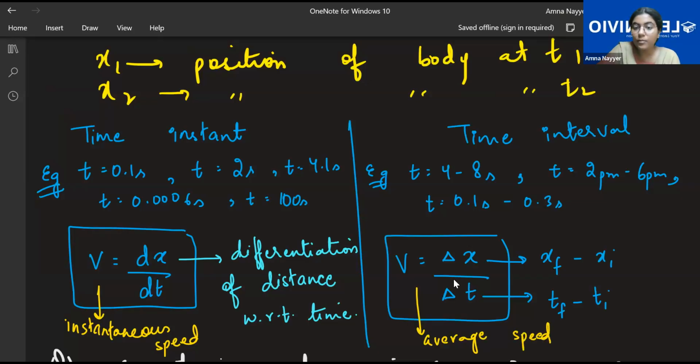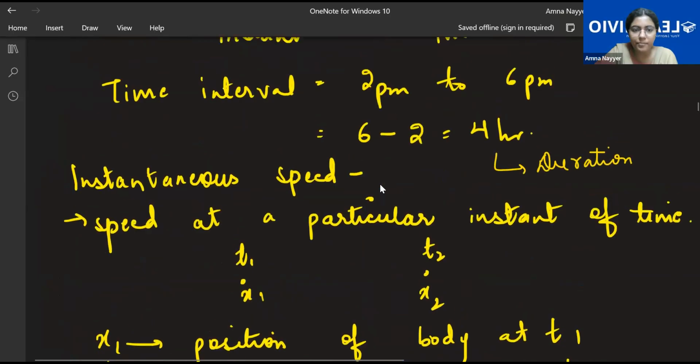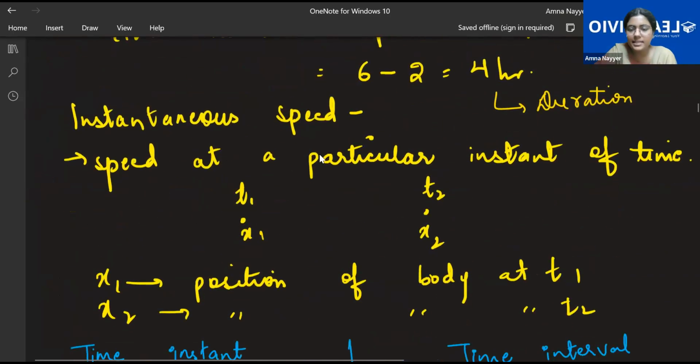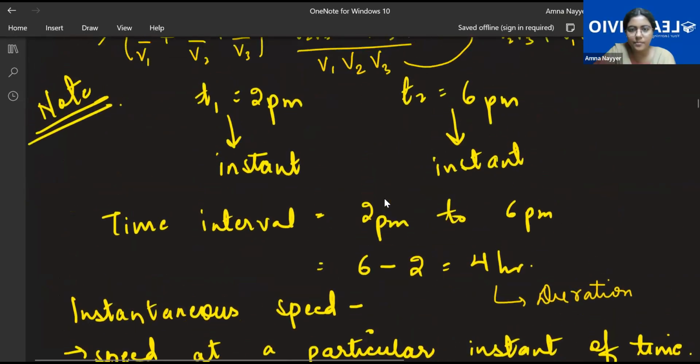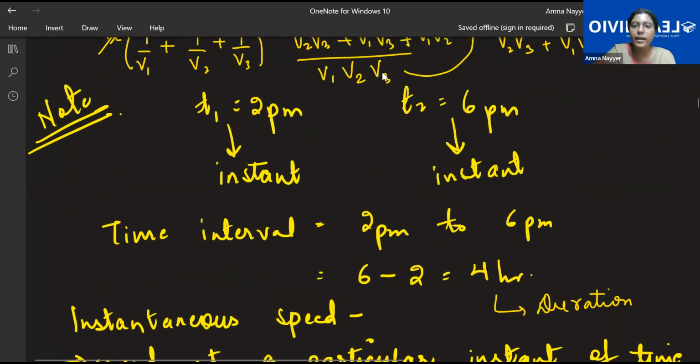You should be clear with this because you will have mixed questions. Nobody will specify the questions for you. You yourself have to identify, is the time instant given, is the time duration given. I'll make you practice these questions as well. Okay, so instantaneous speed means speed at a particular instant of time. Please write this note point, and if there's any issue with this, please let me know.